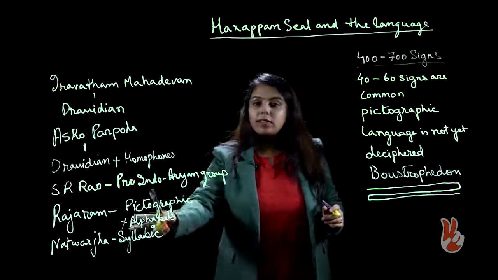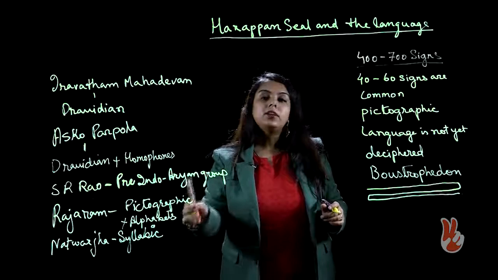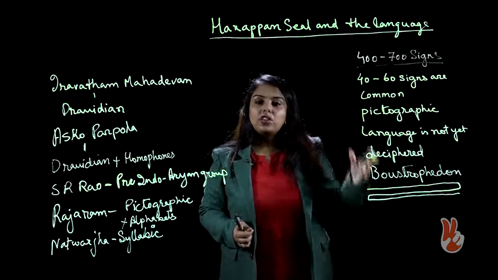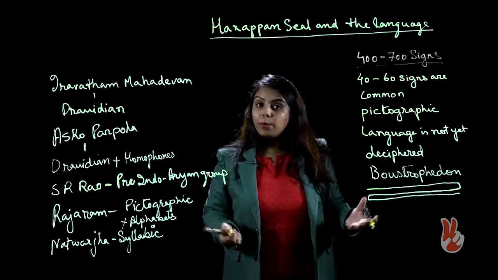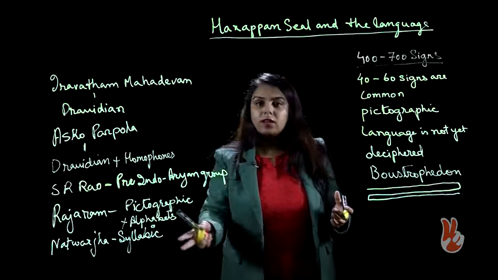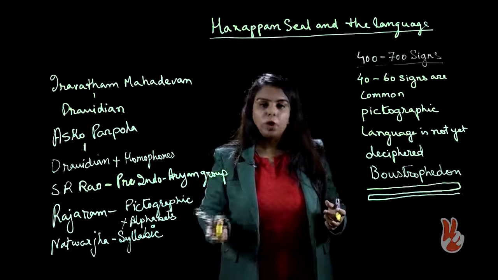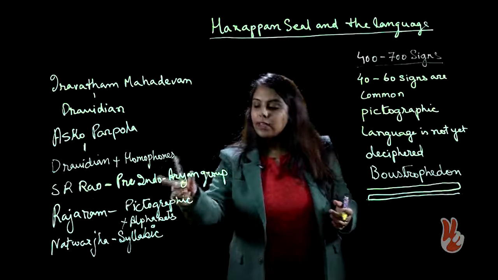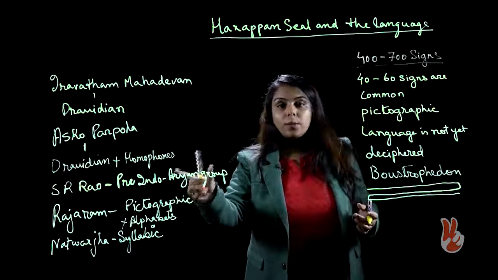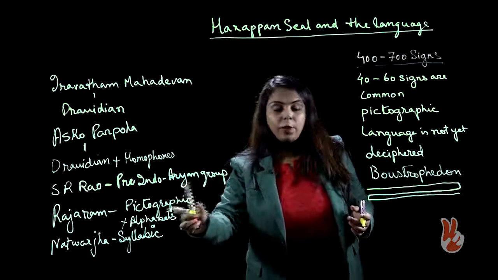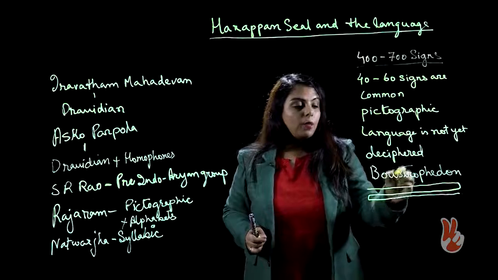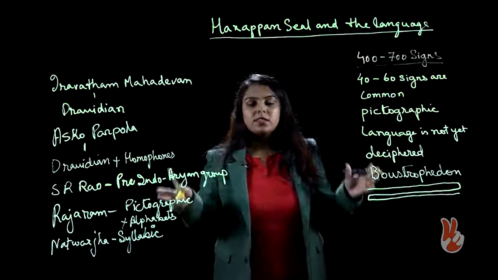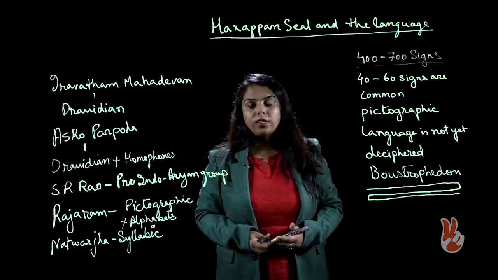When we say that the script was syllabic but did not have vowels, there are many languages across the world which have such a script, like Arabic. Arabic has a script which does not use vowels. Raja Ram, of course, I have told you, said that the script was pictographic and it had alphabets, but it was written in a Boustrophedon technique. So, these are various theories which were suggested by various historians over time.